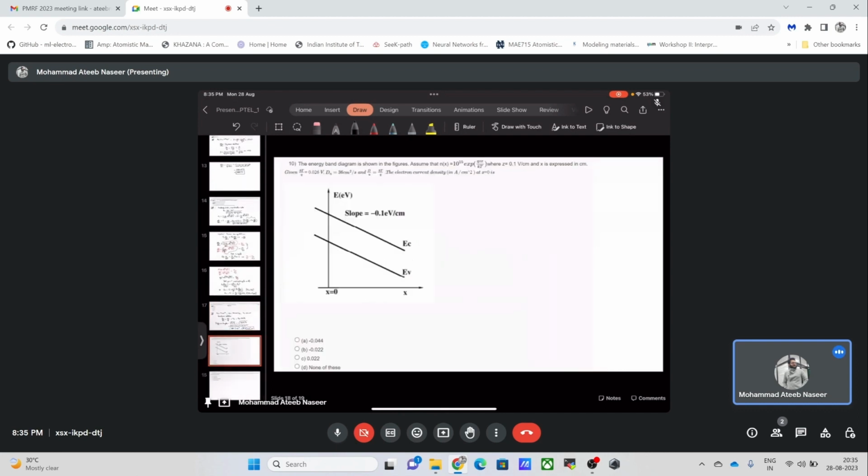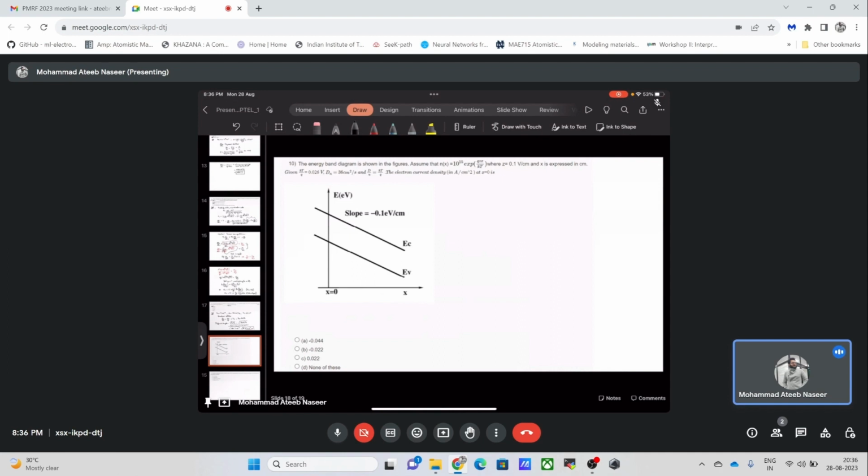Now let's move towards another problem. This problem is also quite interesting, and it gives us a sense about how the conduction band bending, or the valence band bending, gives us insight into the electric field, how the slope of the conduction band is related to the electric field.